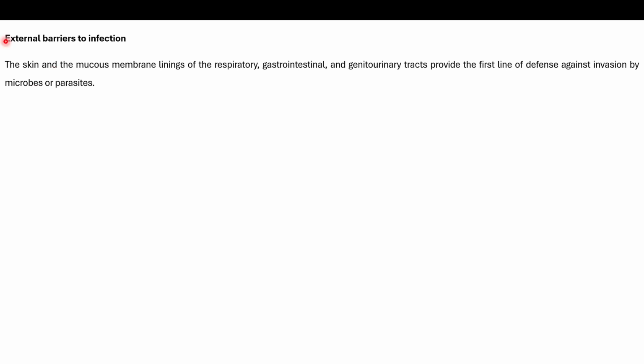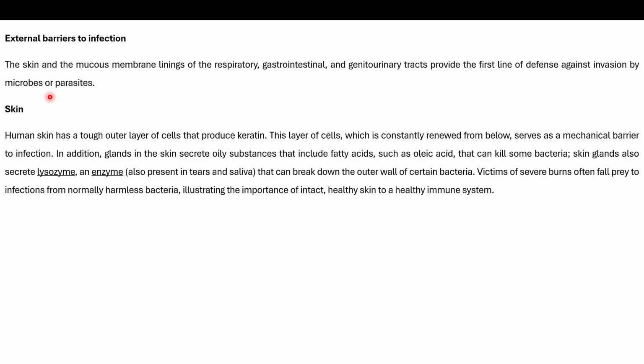Now, if we talk about the external barriers to infection, the skin and the mucous membrane linings of the respiratory, gastrointestinal, and genitourinary tracts provide the first line of defense against invasion by microbes or parasites. Human skin has a tough outer layer of cells that produce keratin, and this layer is constantly renewed from below and serves as a mechanical barrier to infection.